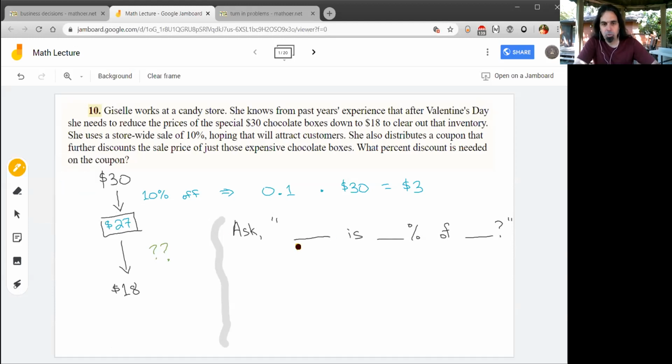This one was the part. If this one was the whole, or this one is the new, if this one is the original, or this line is the change, if this one is our baseline that we compare other changes to, and then the thing in the middle is always the percent.